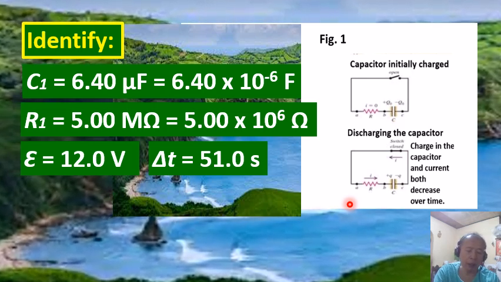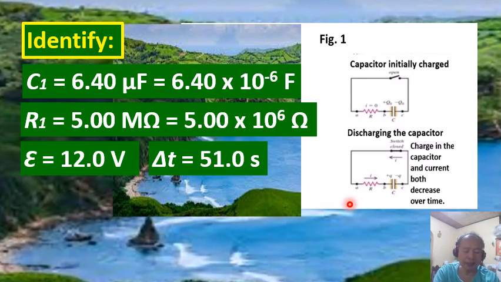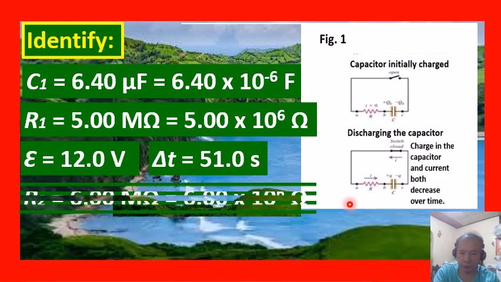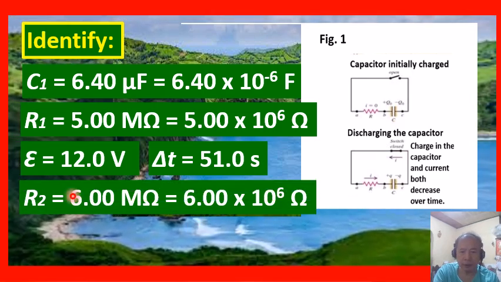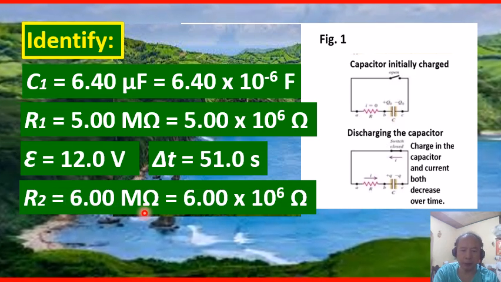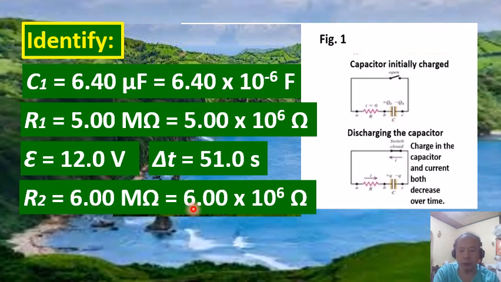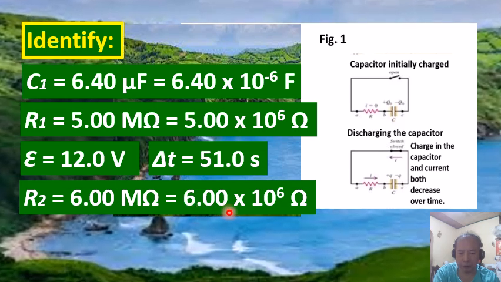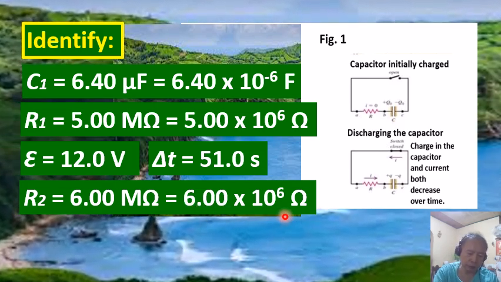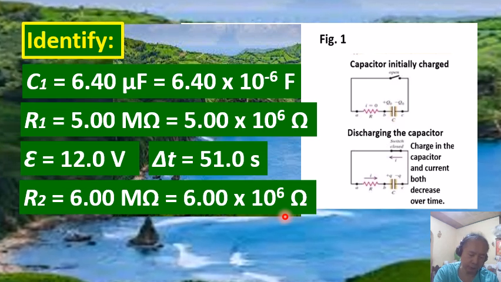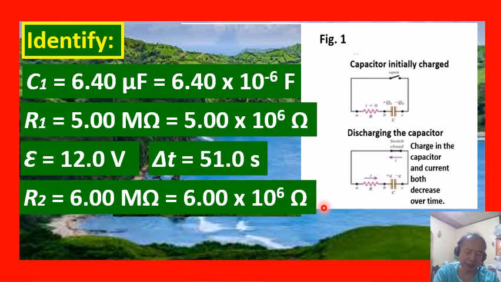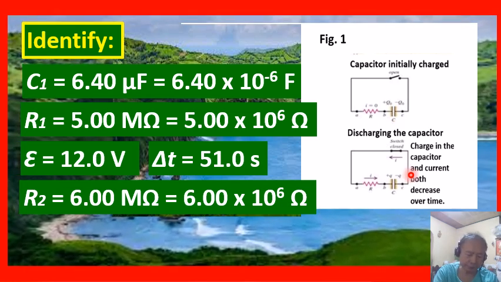With another resistor R2, right? With a resistance equal to 6.00 mega ohm or equivalent to 6.00 times 10 to the 6 power ohms. So this is shown in the second circuit in figure 1.